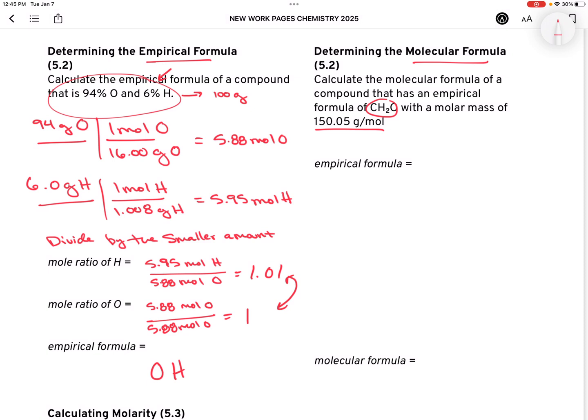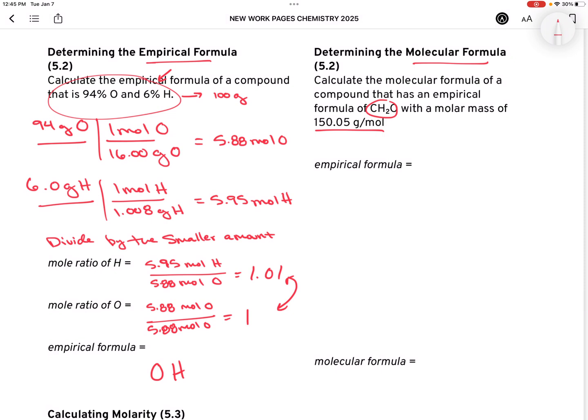We need to calculate what the molar mass of CH2O is. So we have carbon is 12, hydrogen is 1, plus 16. If we do this math, it ends up coming out to be 30.03 grams per mole.